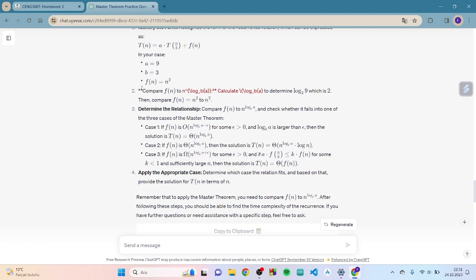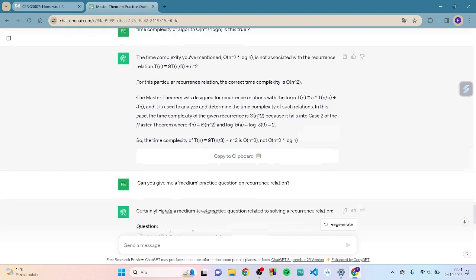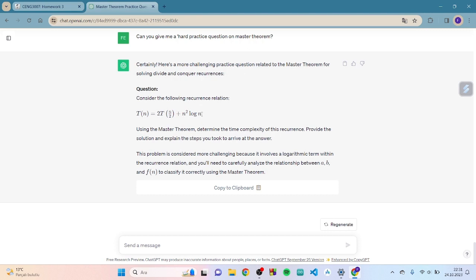And okay, for this question, in this case, f(n) is n square log n, and so we have T(n) equal to O(n square log square n).